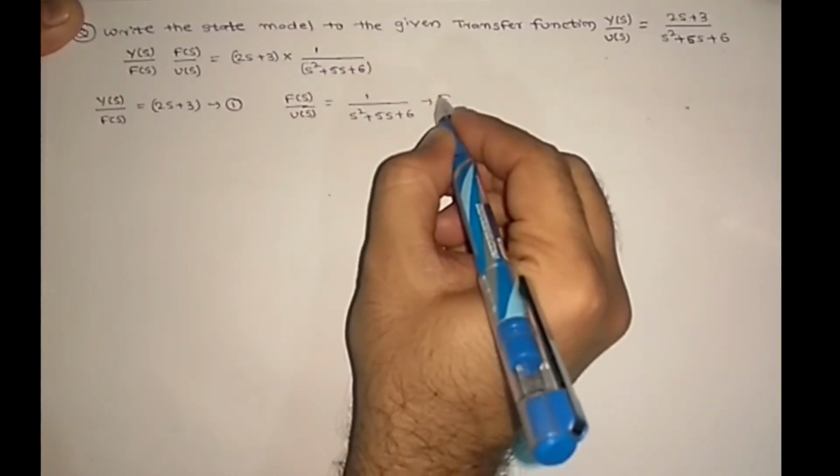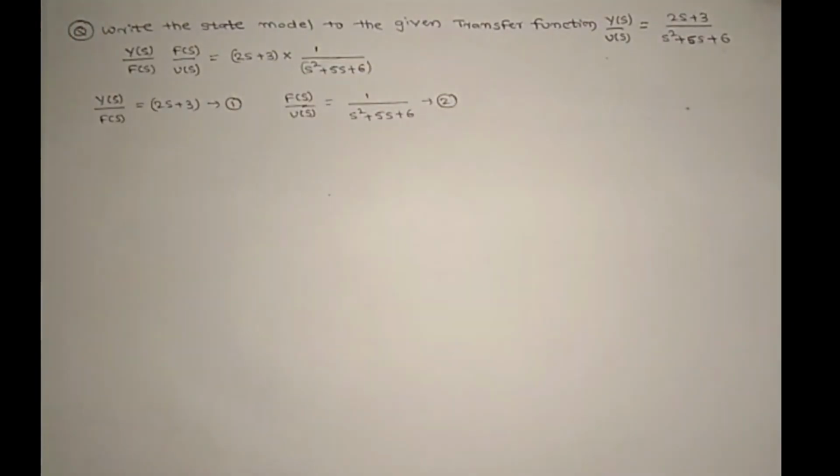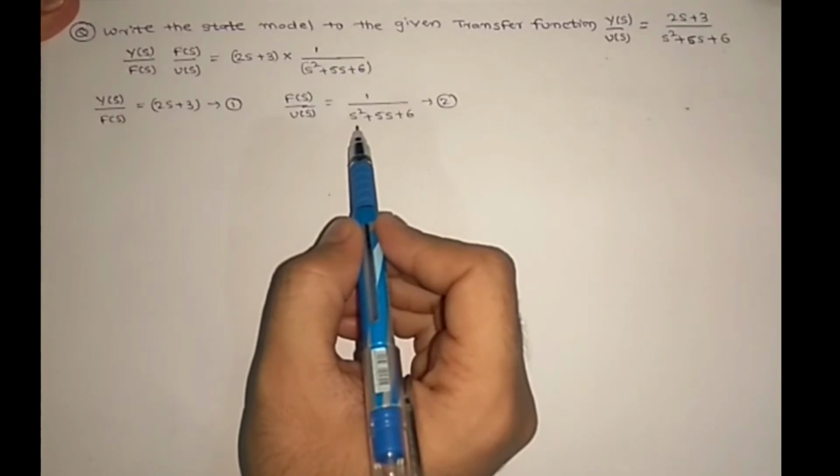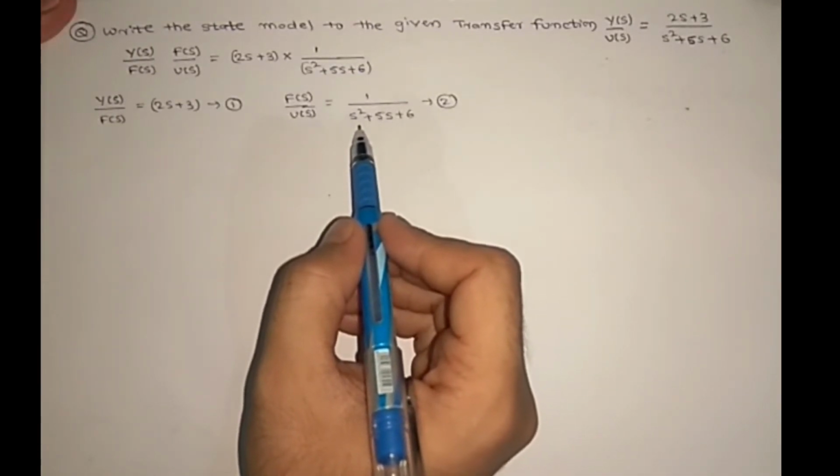So this is the second equation. We know state model means an nth order differential equation we need to convert into n first order differential equations, right? So what is the order of this differential equation? Second order, so we need two state variables.